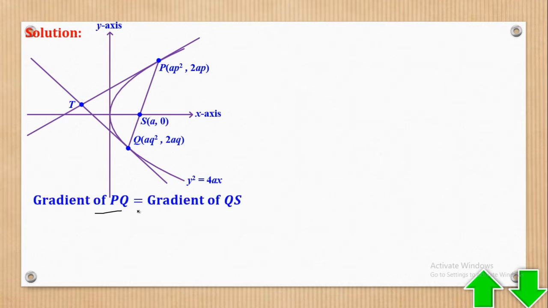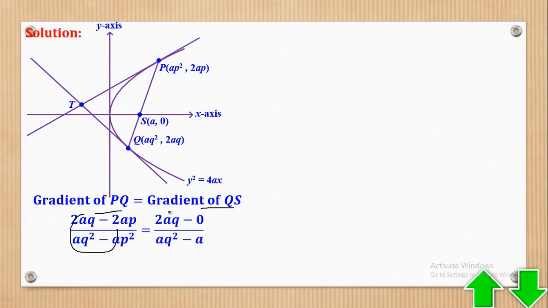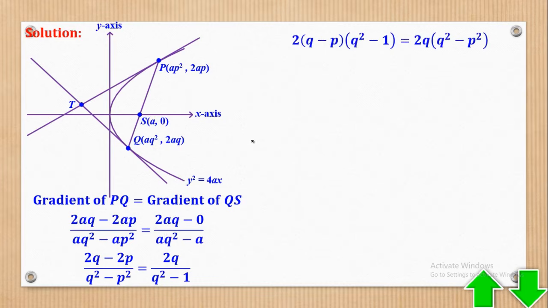Therefore, gradient of PS is equal to gradient of QS. So I'll substitute this gradient of PS and gradient of QS, cross multiply, and simplify because a is common. Then cross multiply.